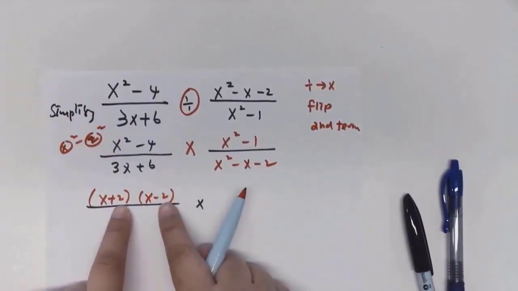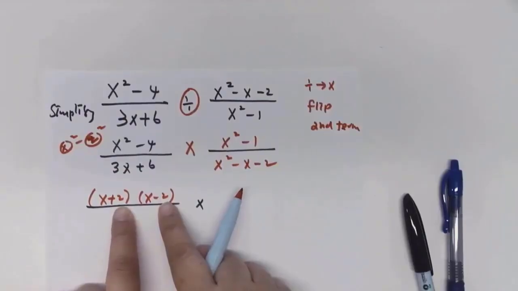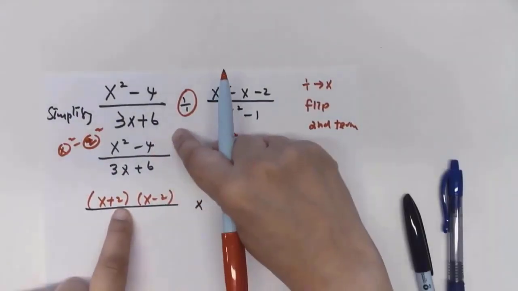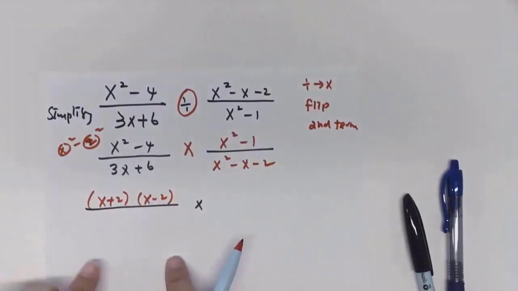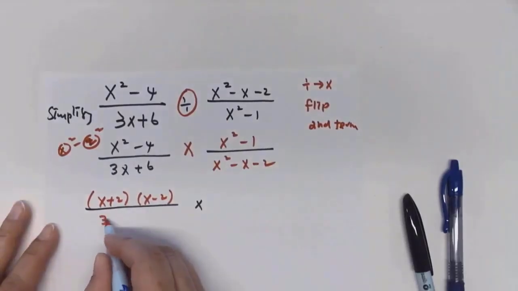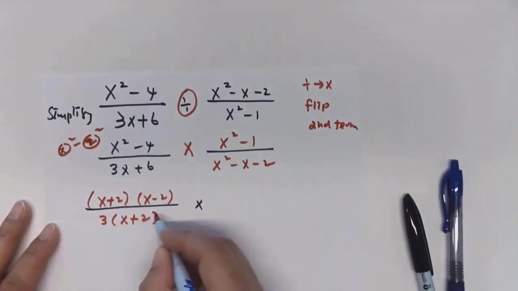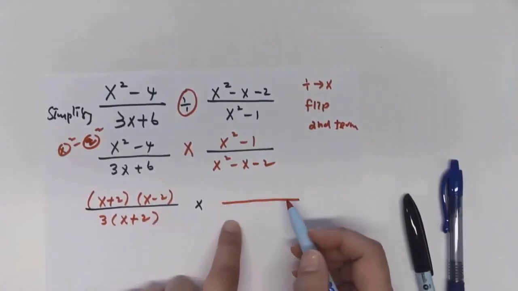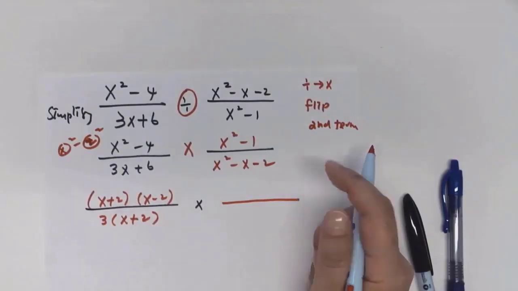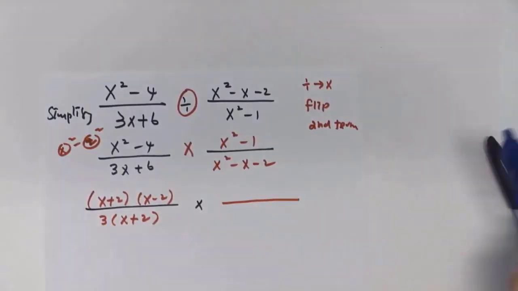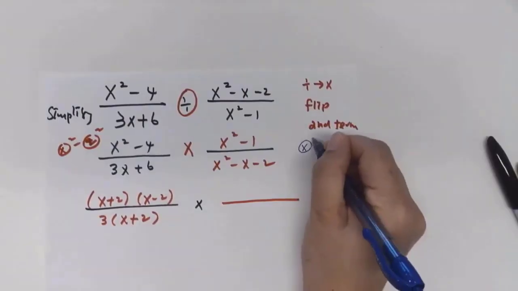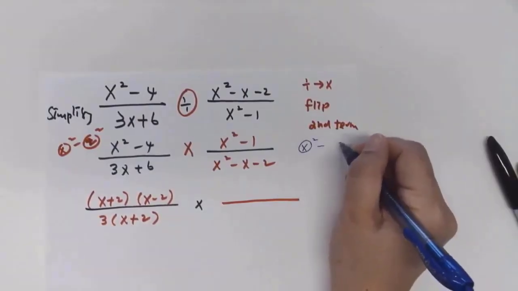The common mistake is people say x plus 4, x minus 4. It's going to be 2 because this is 2 squared. All right, bottom part we can pull out 3 times x plus 2. Be careful. On the other side, on top we have a difference of squares, yeah? X perfect square minus what perfect square?